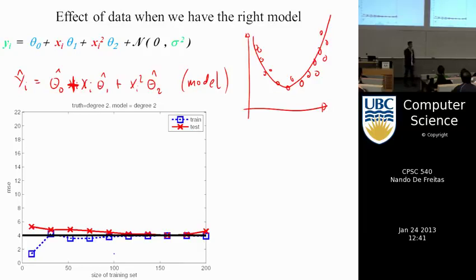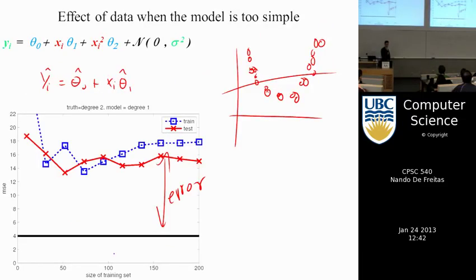If you have the right model, learning happens very fast. Both the test and training error go to 0. If your model is too simple, for example, if for the same points we try to fit a linear model, so now y hat is just the equation of a line, then a line cannot fit a quadratic.